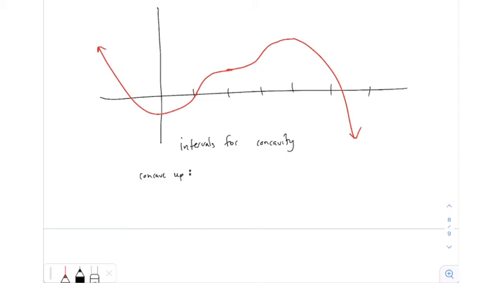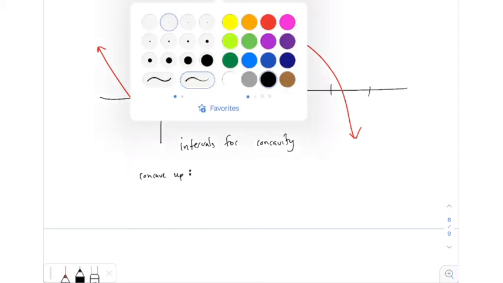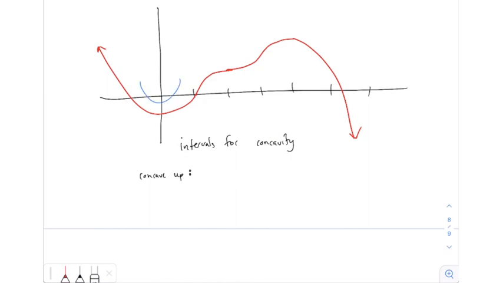For the concave up, I'm looking for the smileys, right? I would say there's definitely a smiley region over here. I see that smiley shape there. You'll have to kind of judge exactly how far over the smiley shape goes. Does anybody see another smiley region? Like I said, sometimes you only get half of the smile.